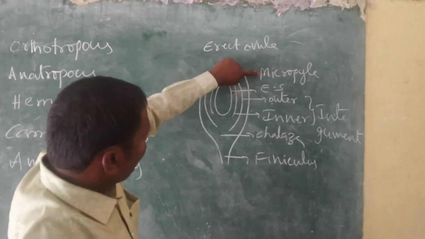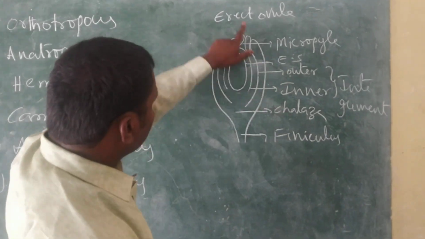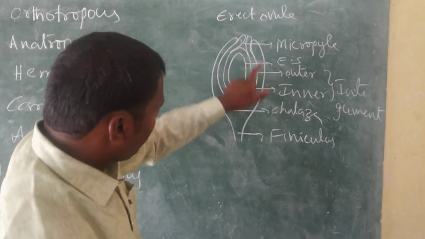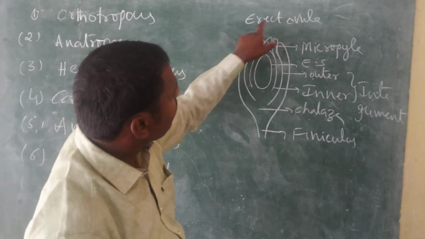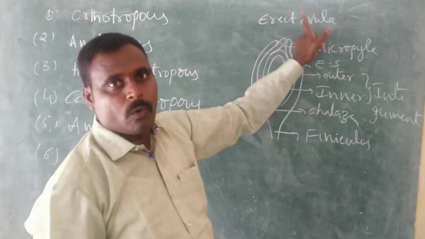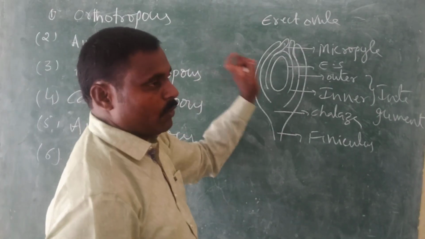See here, micropyle, chalaza and funiculus, all three are arranged on the same line. Hence, this type of ovules are called erect ovules or orthotropous ovules.